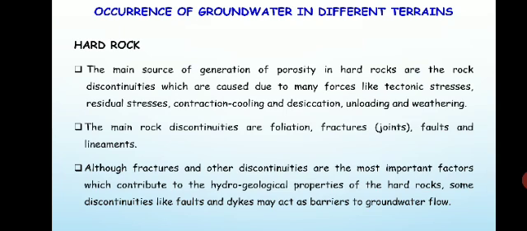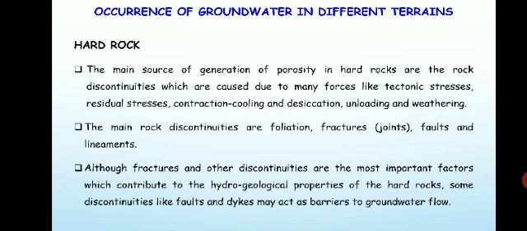The main source of generation of porosity in hard rocks is the rock discontinuities, which are caused by many factors. Here the reason for the formation of cracks is given: tectonic stress. During tectonic activities, the rock might have undergone stresses, and that has resulted in the formation of cracks.